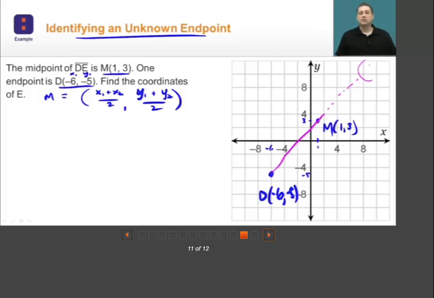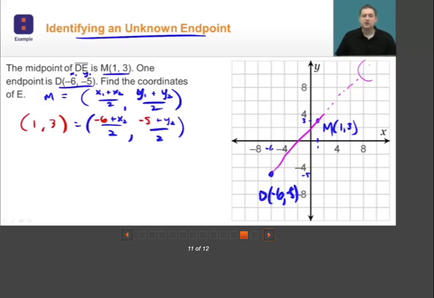So let's use the midpoint formula to help us out. Let's plug in the values that we do know. Well, we know the midpoint is 1, 3. We also know the x1 coordinate is a -6, but we don't know the second x coordinate. We know that the first y coordinate is a -5, but we don't know the second y coordinate.